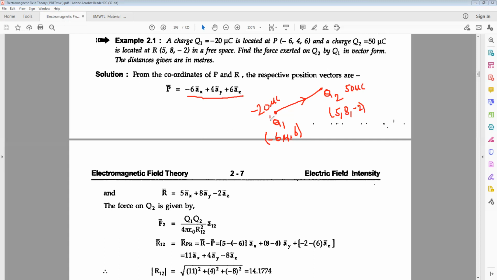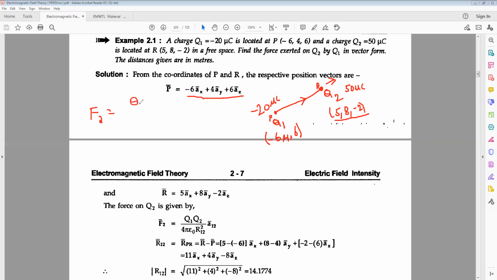At the point R, charge Q2 is placed, and R is 5 AX bar, 8 AY bar and minus 2 AZ bar, considering the Cartesian coordinate system. They're asking the force exerted on Q2, so F is equal to F2. Due to Q1, the charge Q2 moves towards this direction.